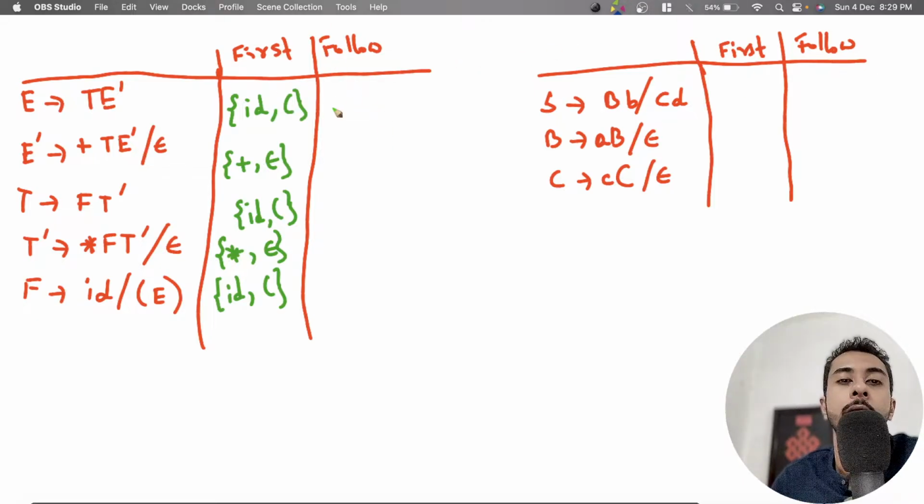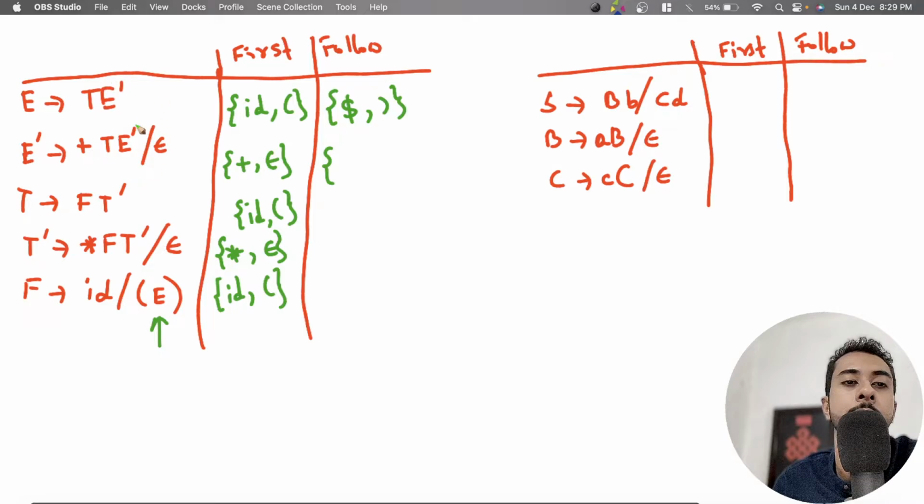Okay, now let's write the follow. So what is the follow of E? Where E is present in the right hand side, you can see E is present here. So what is being followed by E? It is closing brace. Anywhere else E is present? No. So this is the start symbol, so follow of E will contain dollar as well as closing brace. Okay, now what is the follow of E dash?